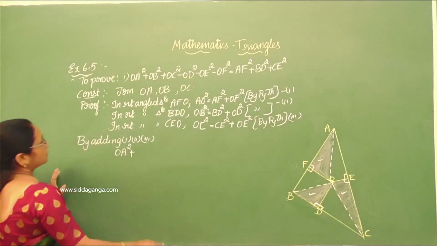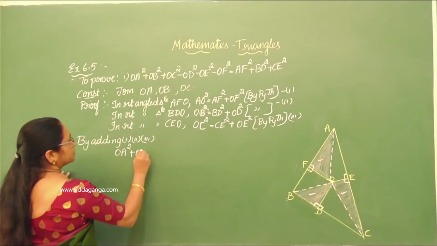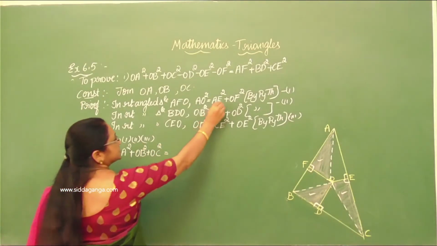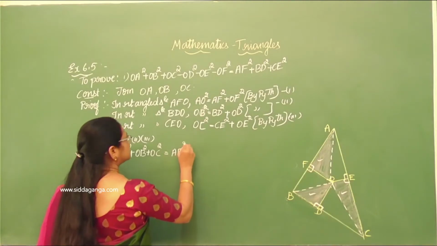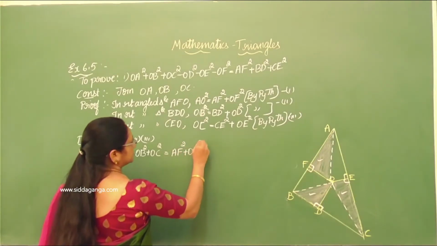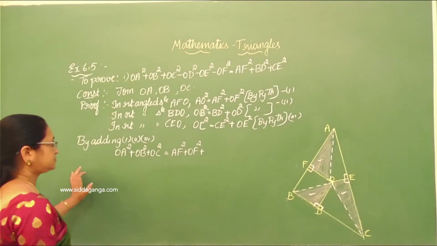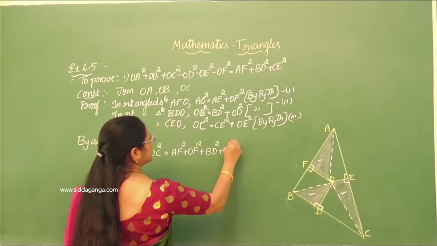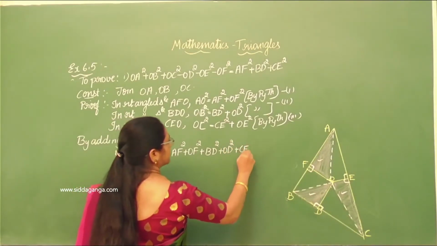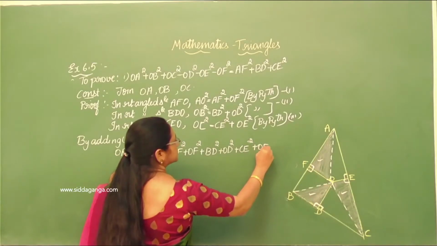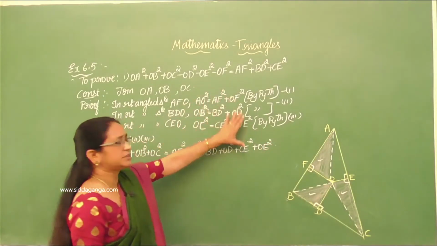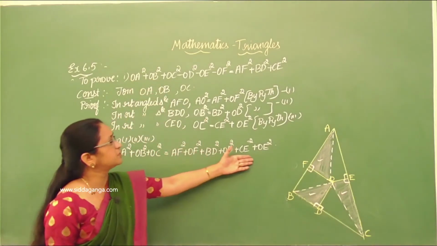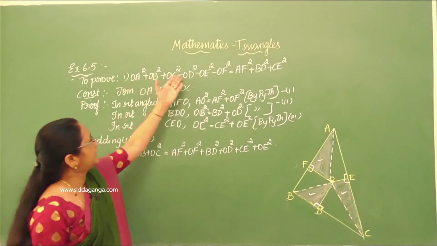So OA square plus OB square plus OC square is equal to AF square plus OF square plus BD square plus OD square plus CE square plus OE square. By adding all the three equations, I got this. Only thing is we have to rearrange it in a proper way.